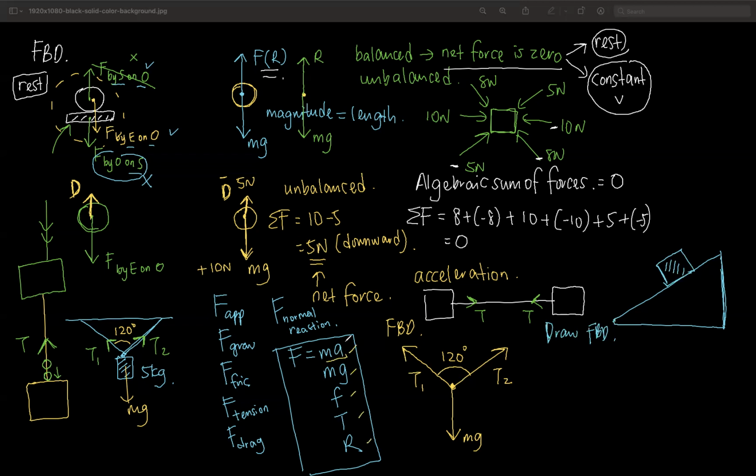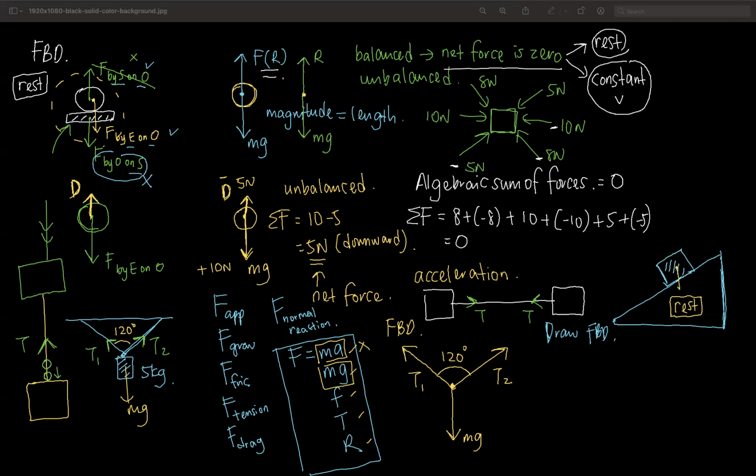Is there any MA force pushing it? We are going to assume this is at rest. It is resting, it's not sliding down, right? Not sliding down means that the surface is rough, so there's friction. MA, we don't have.